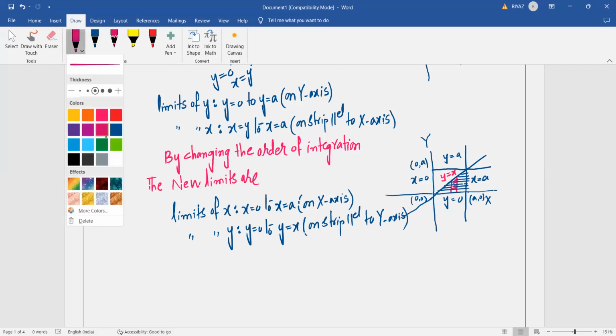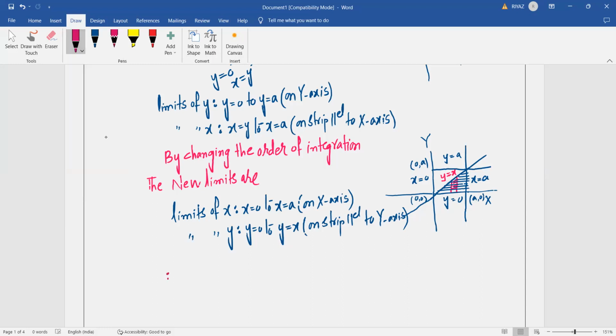Therefore our question is the integral of y is equal to 0 to a and x is equal to y to a, f of x comma y, dx dy.